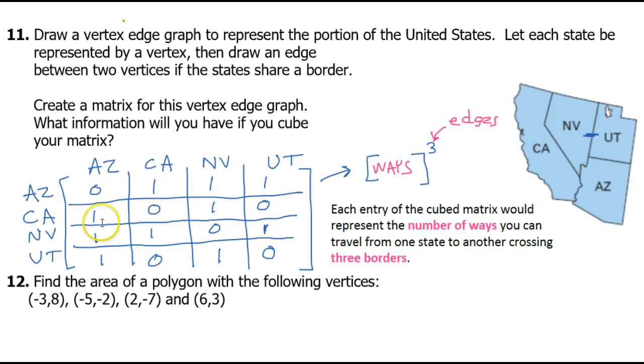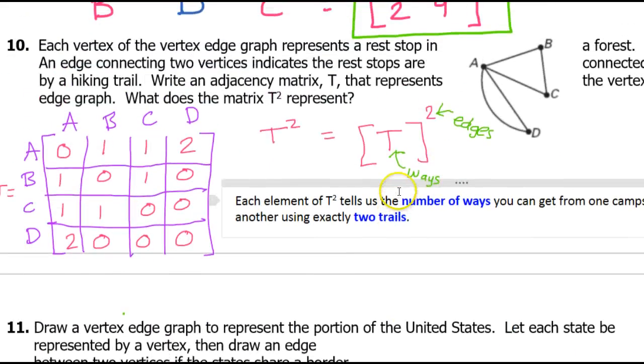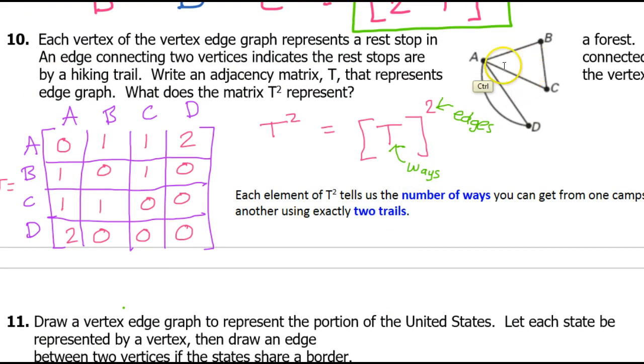Okay, so each entry of the cubed matrix would represent the number of ways we can travel from one state to another crossing 3 borders. So again, the entries always represent the number of ways. The exponent tells you how many edges are involved. But like in the previous problem, the edges represented trails, so instead of edges, we said the number of trails.